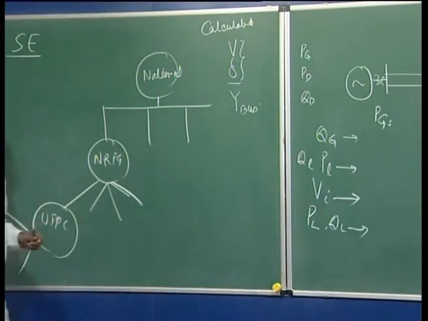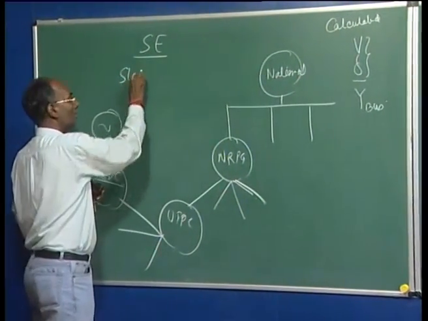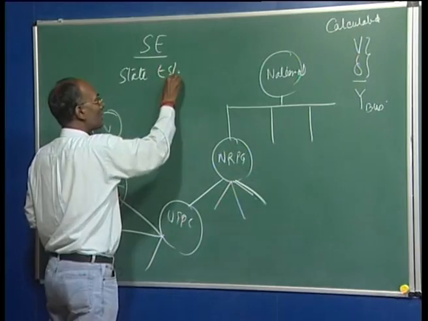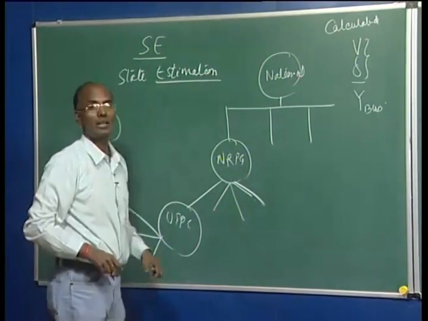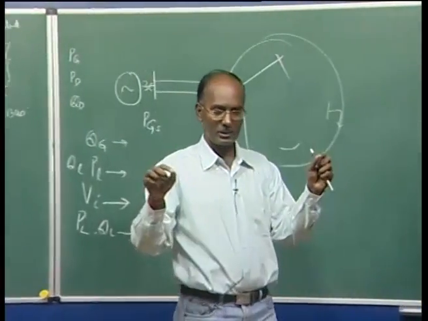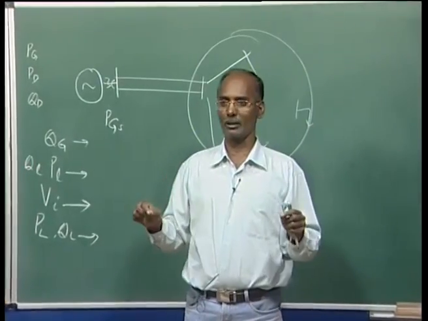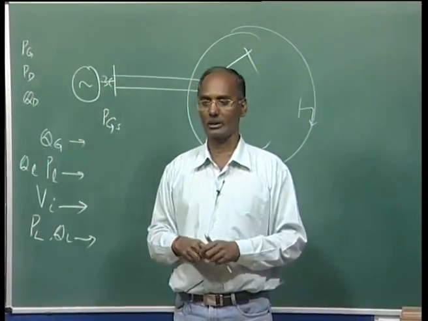Now, here I am saying that it can be calculated. I used another word here, called state estimation. Now, you should know the difference between estimation and calculation. In calculation, the number of equations and the number of unknowns are equal, then you can calculate it. This is a simple calculation, solving the algebraic equations.